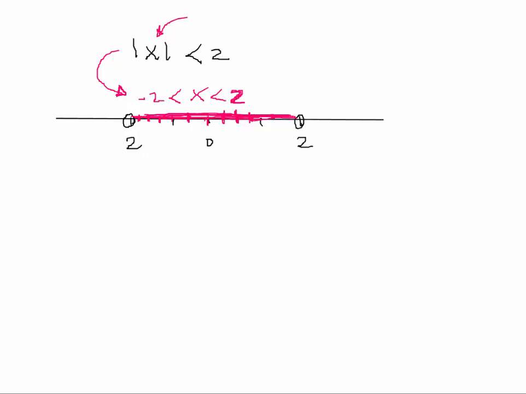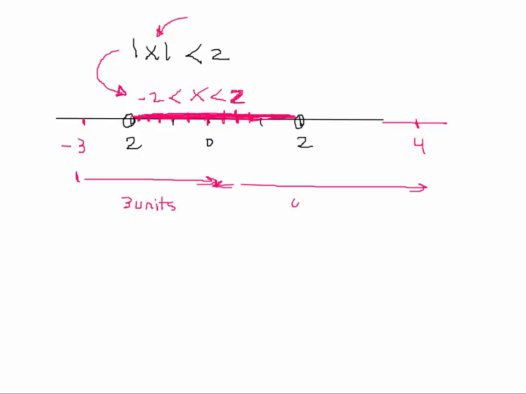But then anything less than 2, minus 3, minus 4, minus 5, all of that is less than 2. Let's pick a number here. Minus 3. The distance between minus 3 and 0 is 3 units. Oh, okay. It has to be within the distance of 2. Right. If I have 4 here, 4 is not included, because the distance from 4 to 0 is 4 units. Okay, I understand. Good.